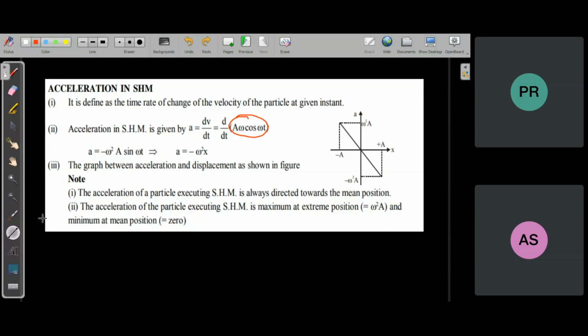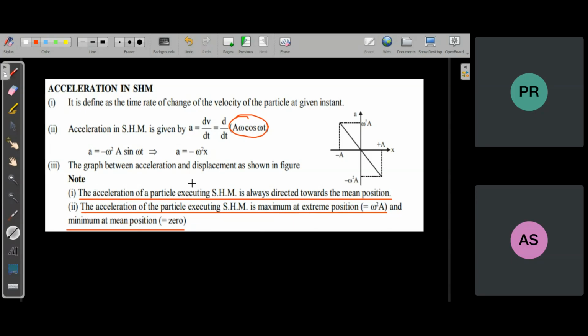This equation is telling you that acceleration in SHM is always directed towards the mean position because of this negative sign. And the second important thing is that the acceleration of a particle executing SHM will be maximum at the extreme position, because it will be maximum when x is maximum, and the maximum value of x is amplitude. Are you getting?